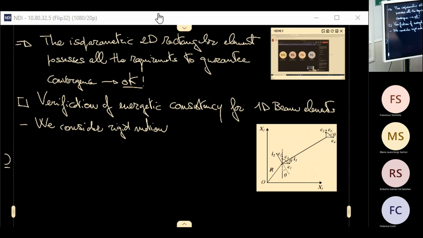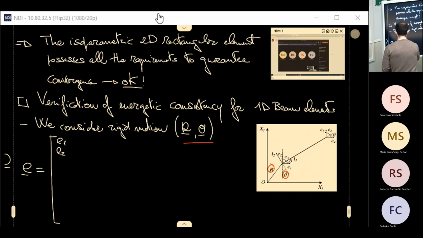Again, let's calculate, as we did yesterday, the element coordinates, first with respect to the inertial frame.